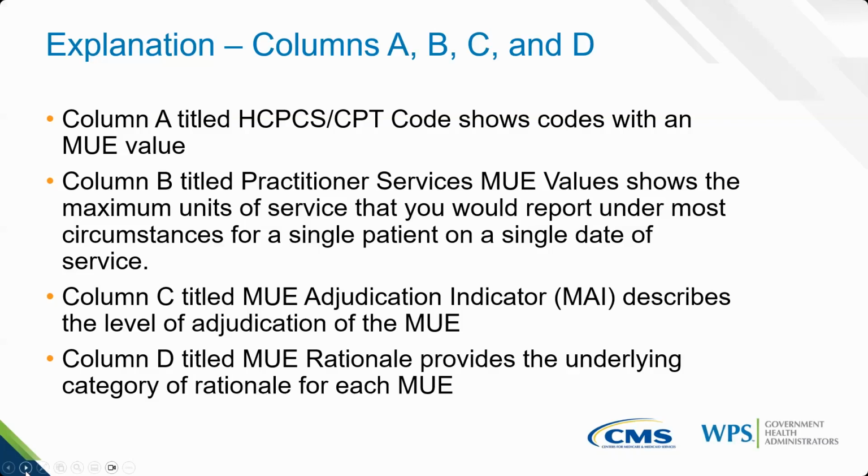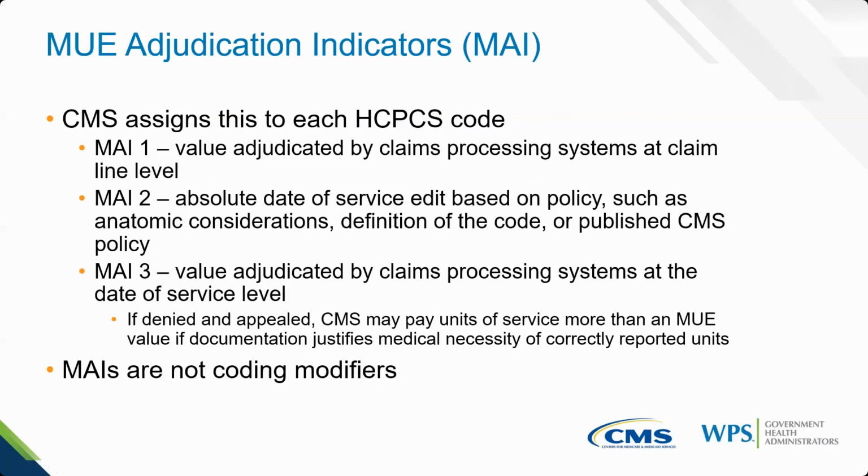Next, I want to talk a little bit more about column C, that MUE Adjudication Indicator column. This slide provides details on the MUE Adjudication Indicator, or MAI, that appears in column C. MAIs are assigned to each HCPCS code that appears in the table.